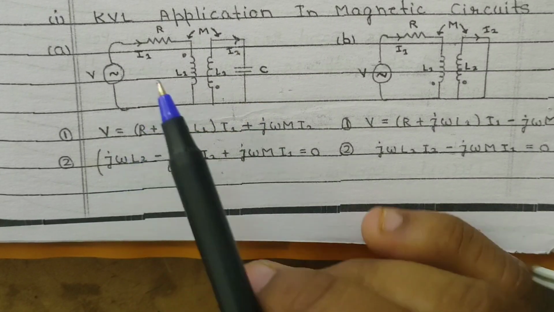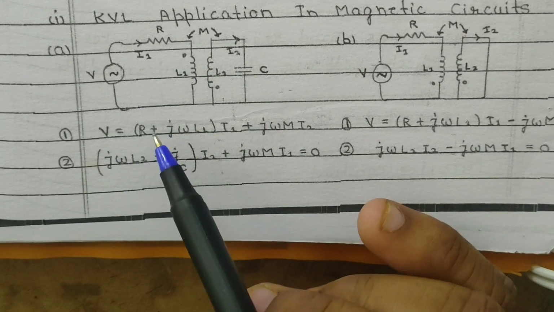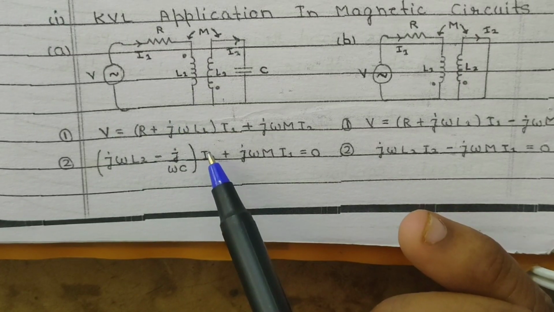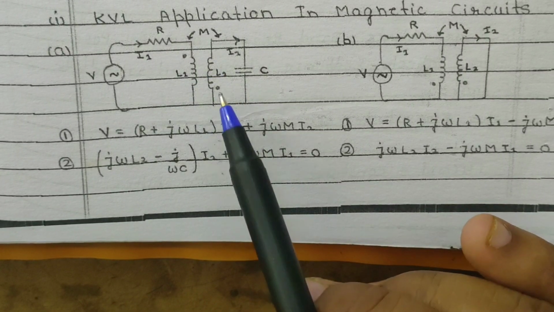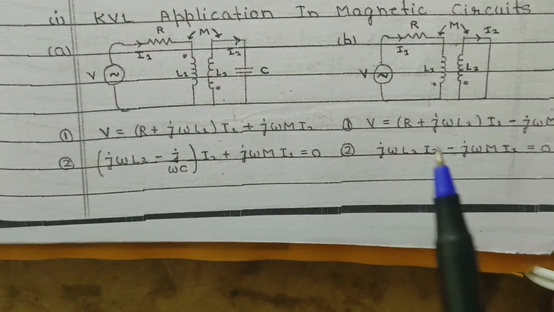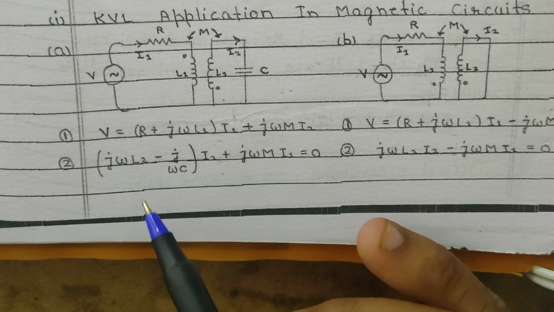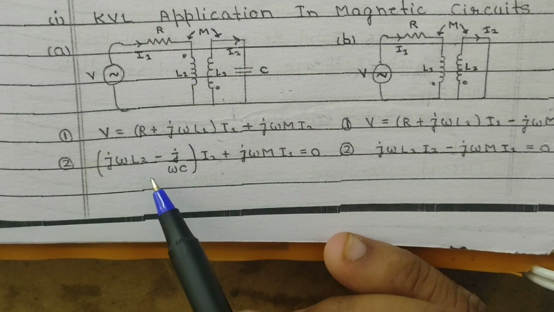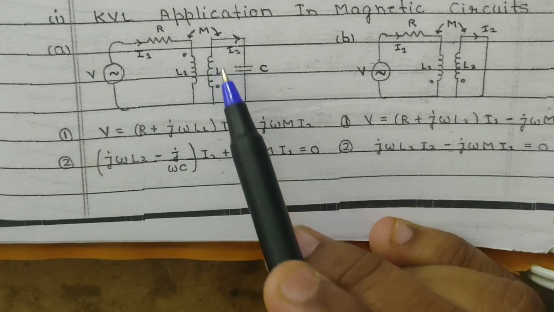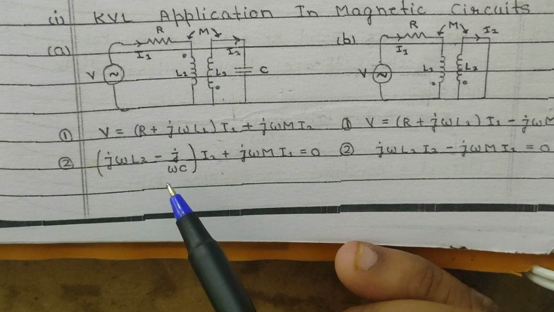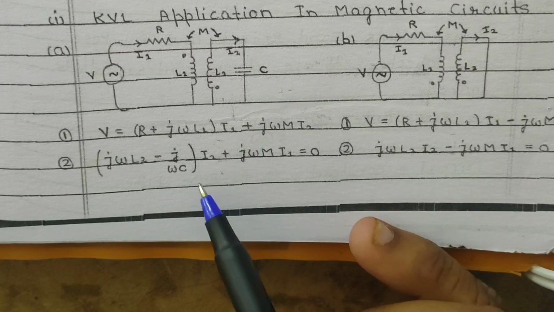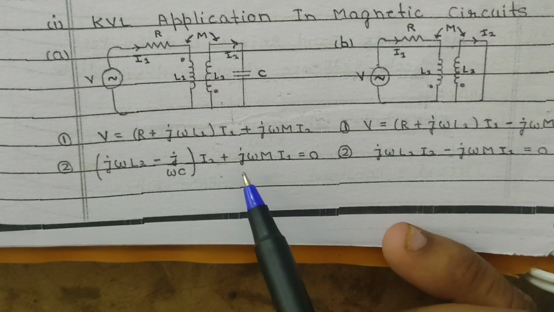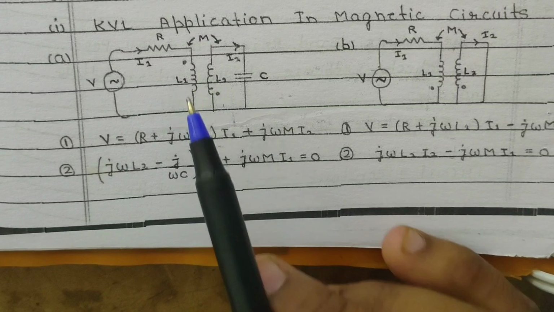First equation, write in the first loop: V is equal to (R plus j omega L1) into I1 plus j omega M into I2. Now write the equation in the second loop: (j omega L2 minus j by omega C) into I2 plus j omega M into I1.